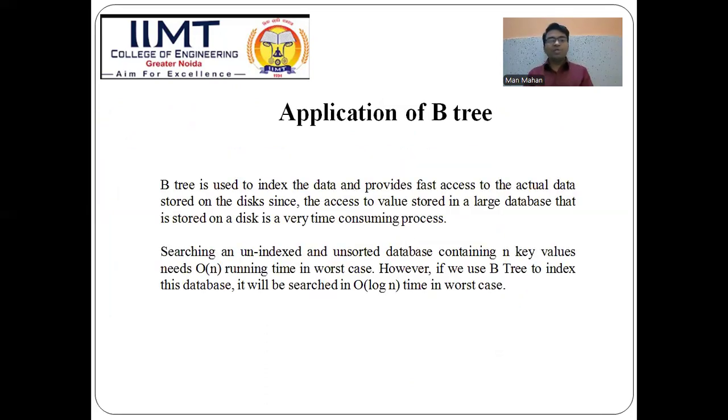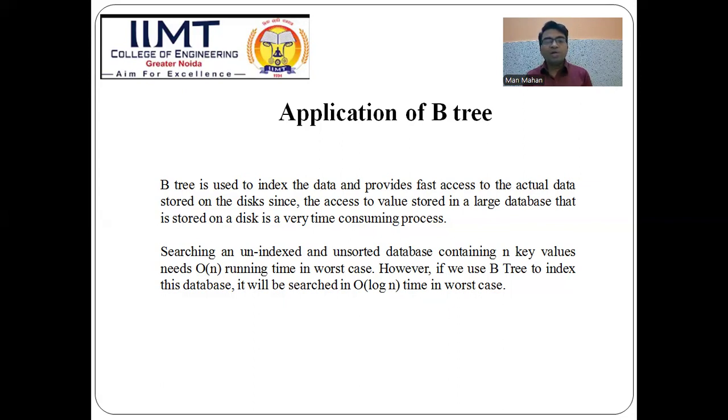Now these are examples. Next is the application of the B tree. The B tree is used to index the data and provide fast access to the actual data stored on the disk. To access the values stored in a large database on a disk takes very little time.